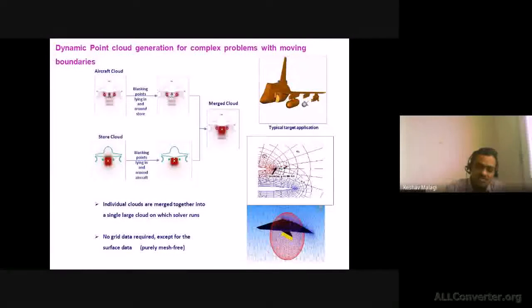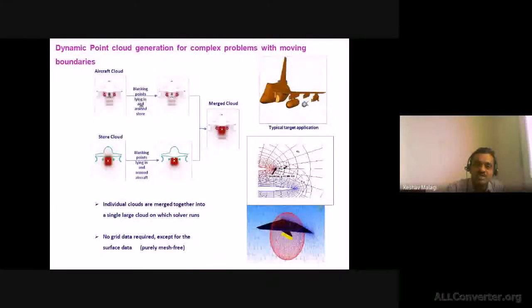But look at the advantage when you have a mesh-free method. You have a grid around the aircraft and then a grid around the store. Whatever grid points from the aircraft cloud have entered into the store, we remove them. Similarly, whatever grid points from the store's point cloud have entered into the aircraft, we remove those.